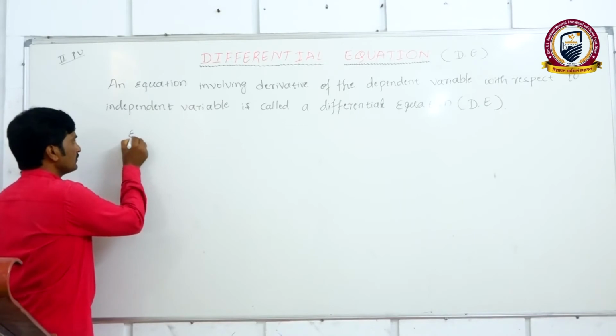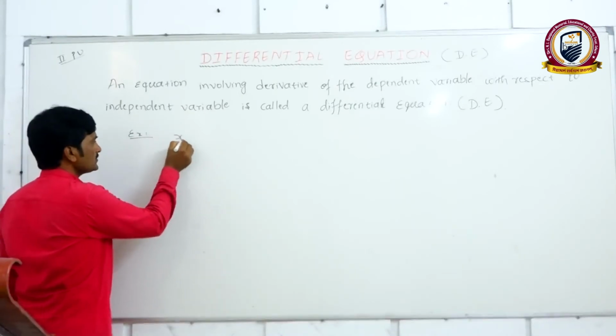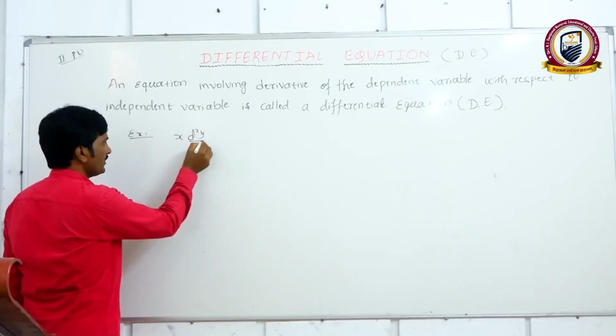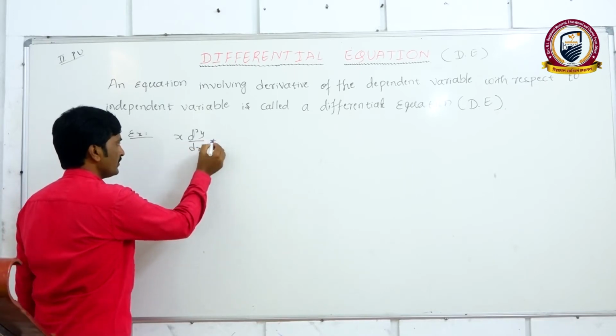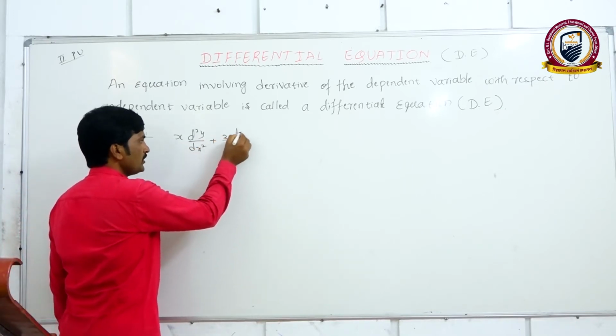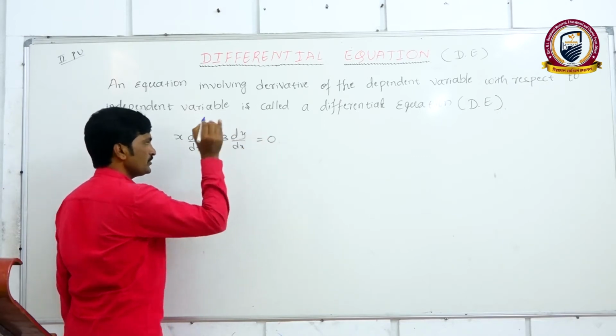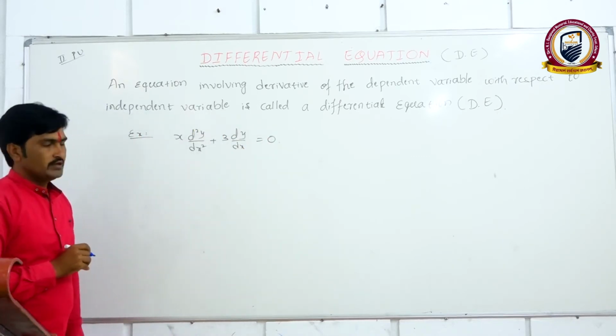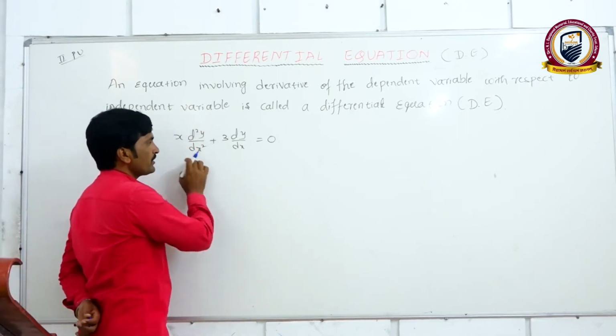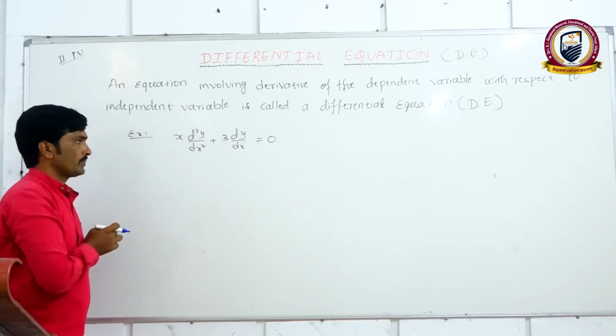For example, x d square y by dx square plus 3 dy by dx is equal to 0. So it is a differential equation.